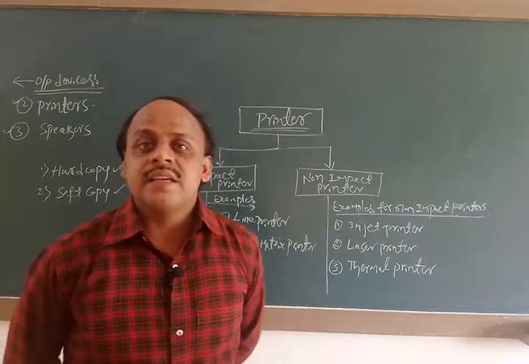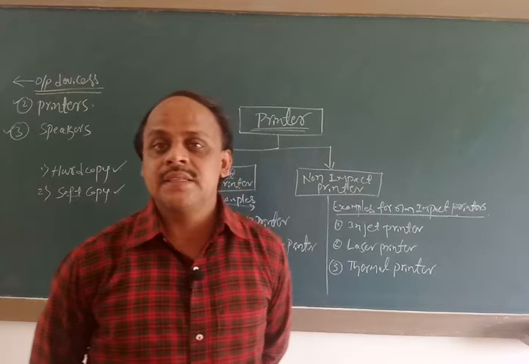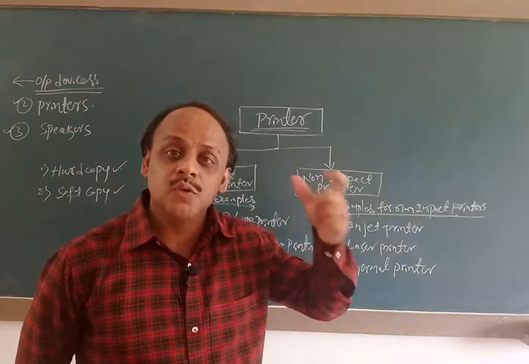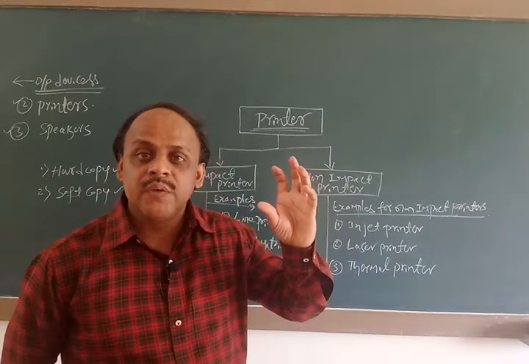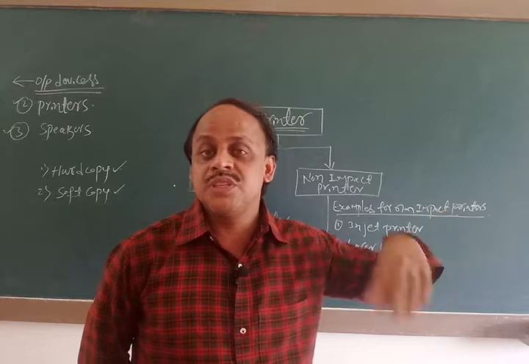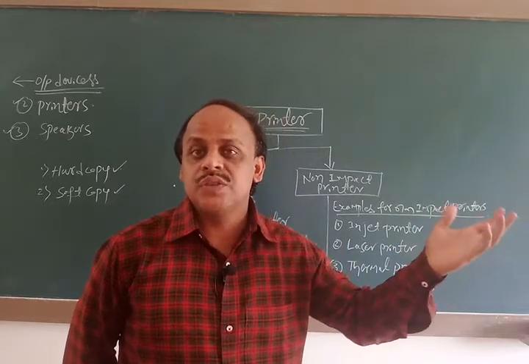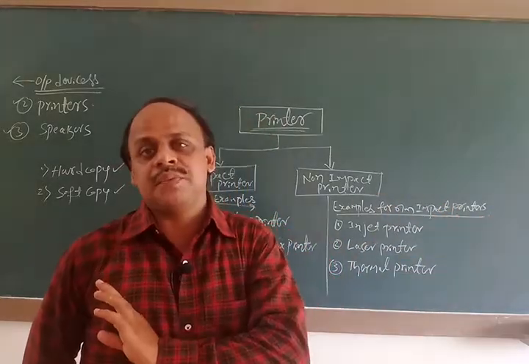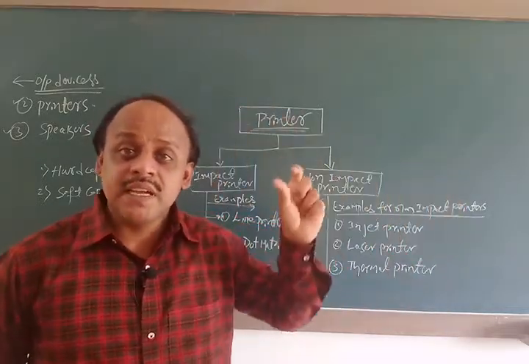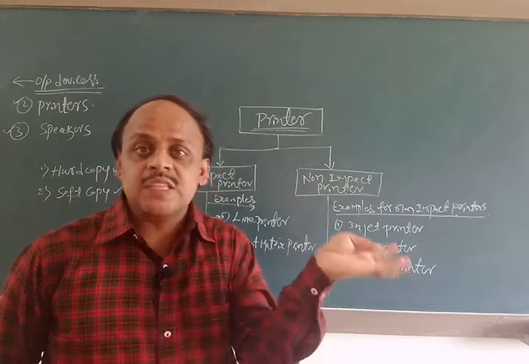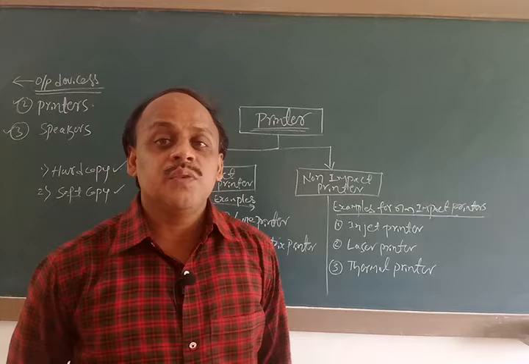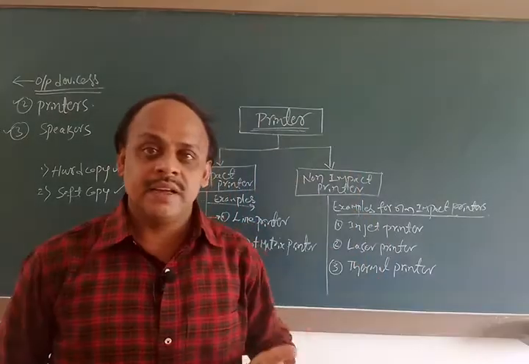Scanner is one of the input devices, we studied. So what is the scanner going to do? Scanner takes data or information which is there in the outside world into the system. That is, data present in a textbook can be transmitted into the computer with an input device called a scanner.